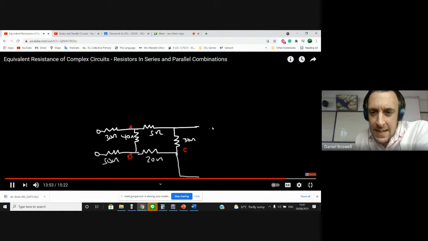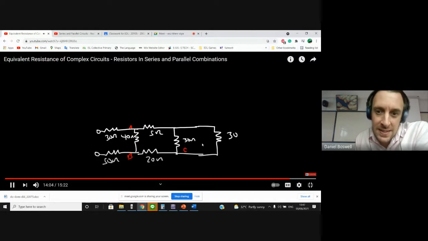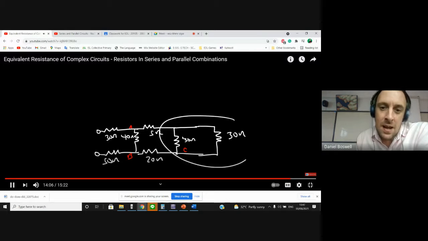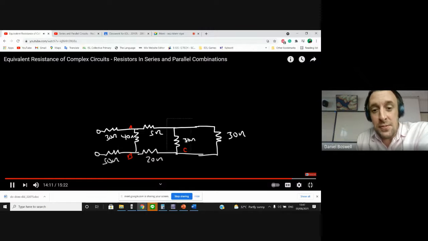So now we've added these together. We're going to have a 30 ohm resistor in parallel with this 30 ohm resistor. And we know that when the resistors are the same, the equivalent is half of one resistor. So it'll be 15.